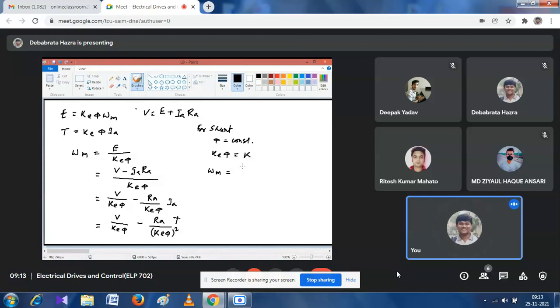First tell me the equation of omega in terms of armature current, then we denote it in terms of T. What should be the speed equation for shunt motor and derive from that equation.